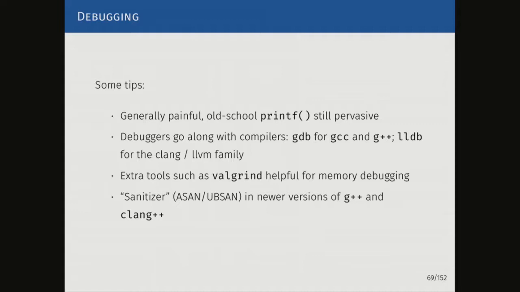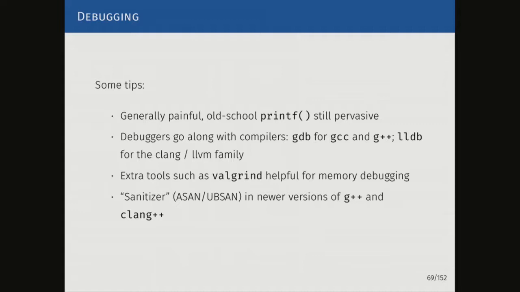There are extra tools. You may have heard about these. CRAN uses them for testing as well. Valgrind is one that finds when memory gets allocated but not freed, so-called leaks.